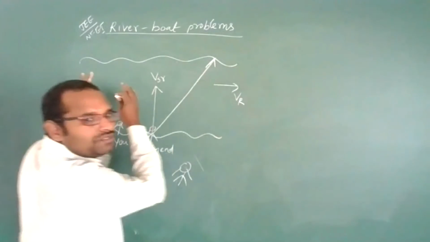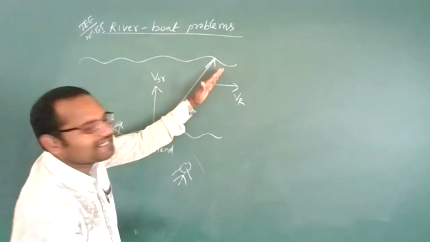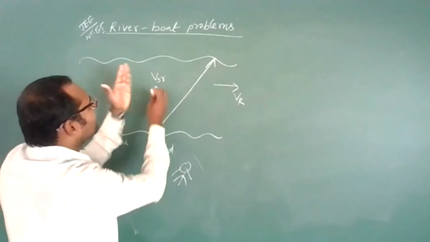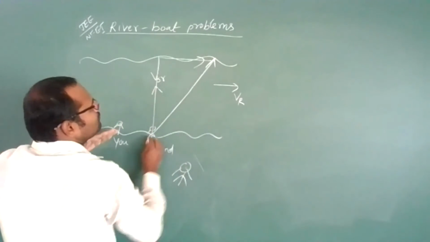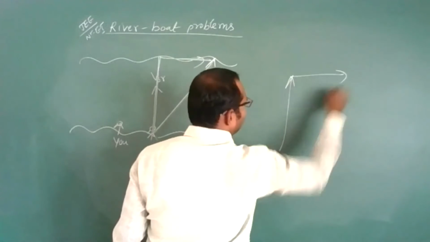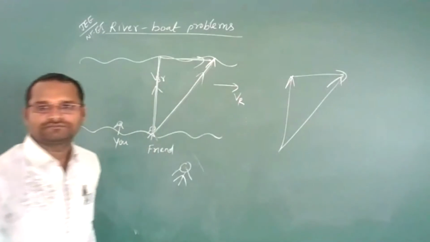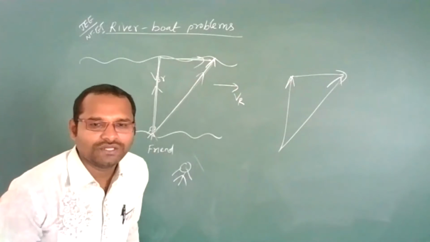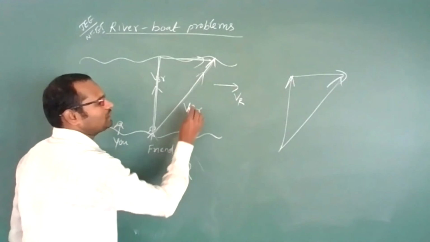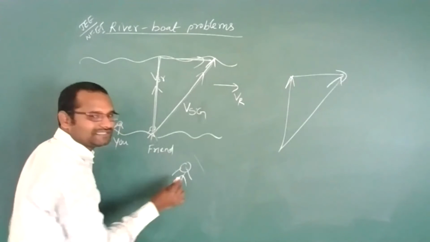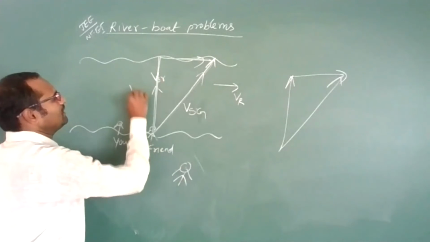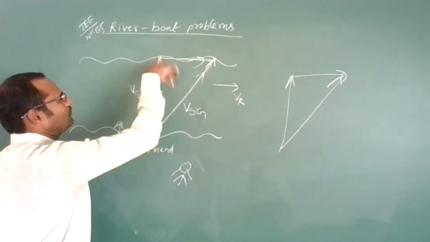Due to this river flow, he will move in this direction, whereas he is swimming in this direction. Due to these two effects, he moves like this, like the triangular law: one vector, another vector, and the resultant vector. This is the velocity of swimmer with respect to ground. This is the velocity of swimmer with respect to river flow.